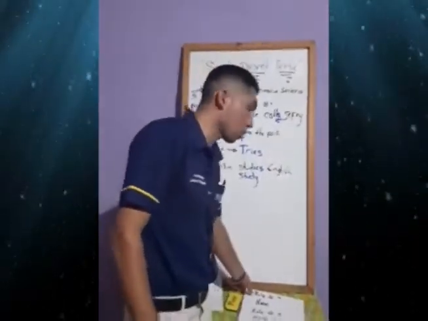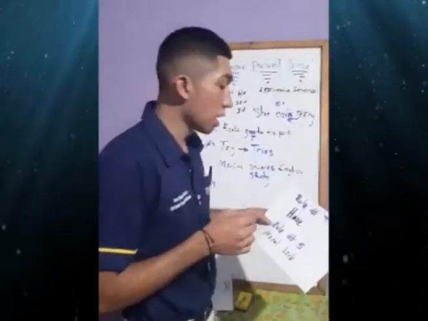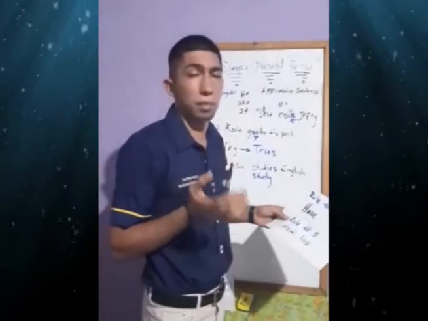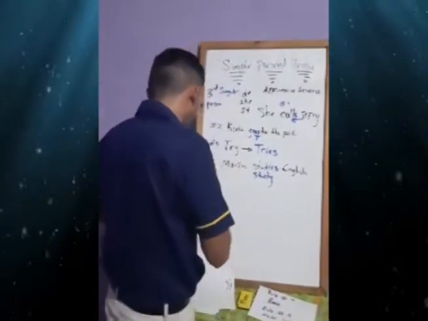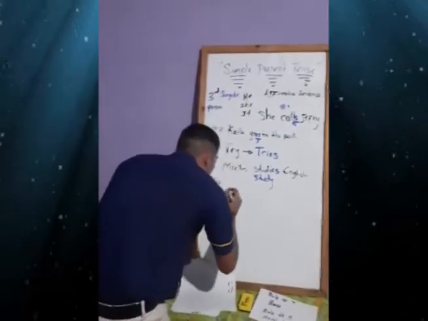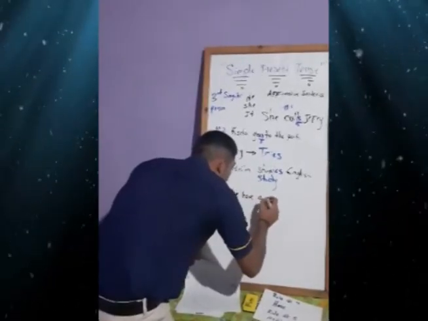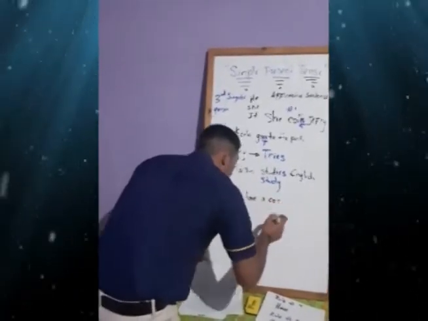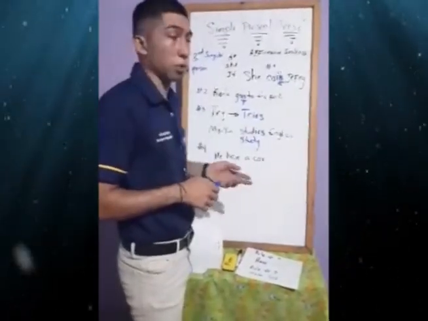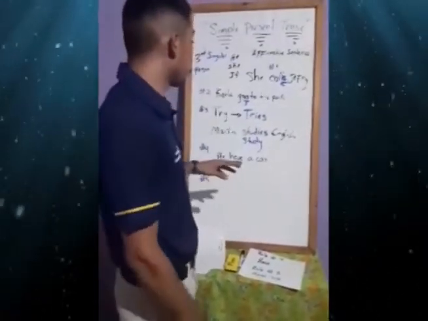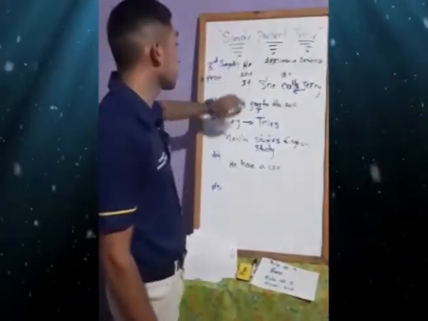So now I'm going to explain rule number 4, that is the verb have. Many people make a mistake when we use this verb. For example, many people make a mistake with the verb have, because they forget that he or she is the third person singular.